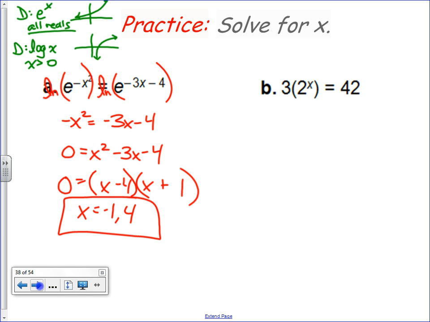It has to be from 0 to infinity. I can never actually hit 0 or be any negatives. This is how you might get an extraneous solution, which means a solution that the math says is good, but when I plug in, it's like, no, not possible. Do these work? Yes. Why? His domain is all real numbers. If I were to plug -1 into a log, that wouldn't work, because then it would not be in my domain.